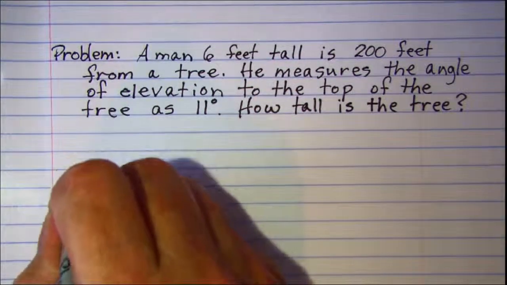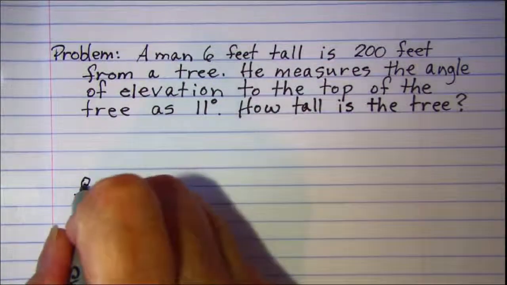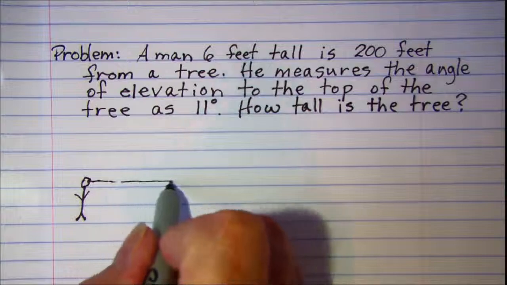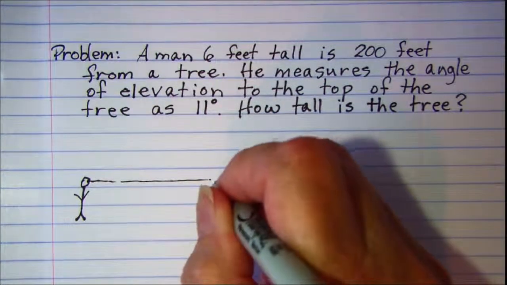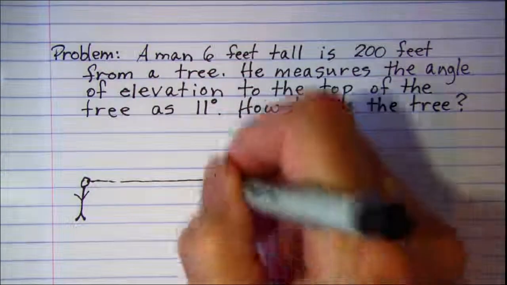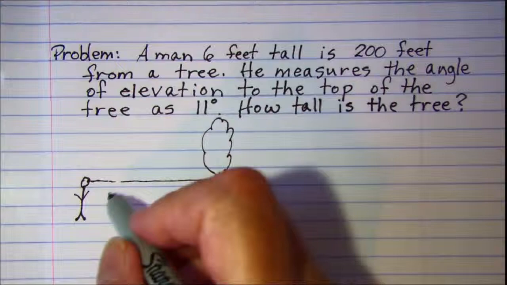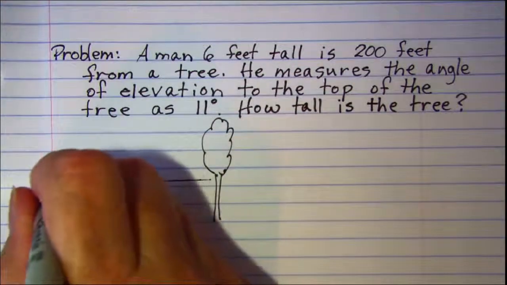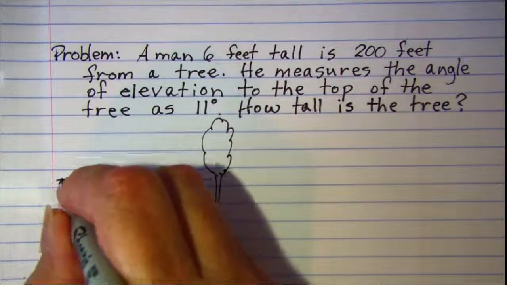We have our man and his eye. From the horizontal, we're looking at a tree. And it says that he is 6 feet tall, so from here to here is 6 feet.